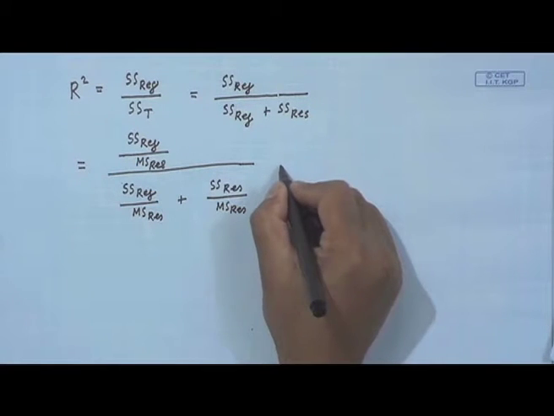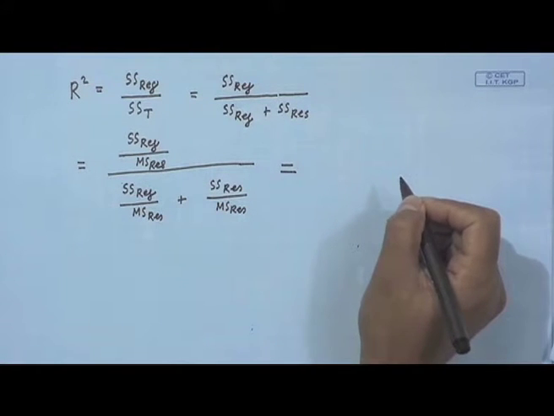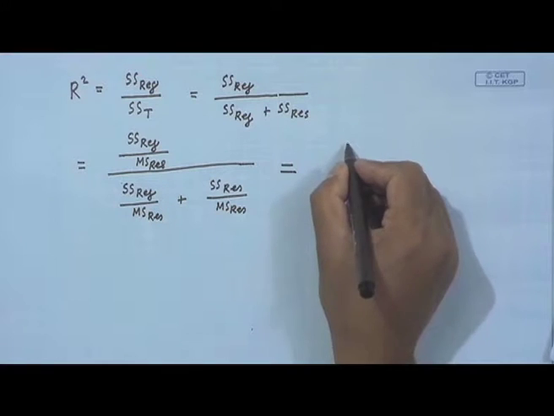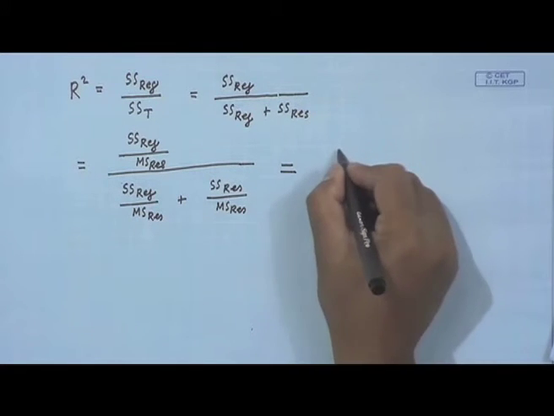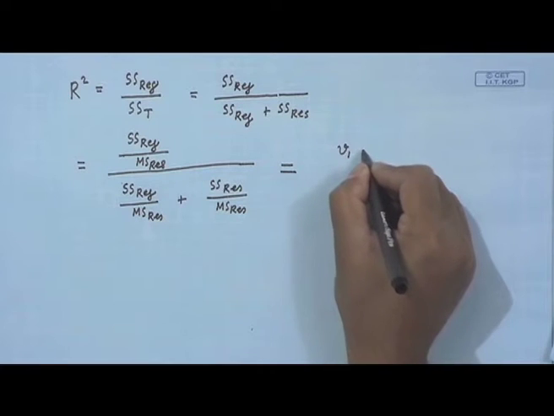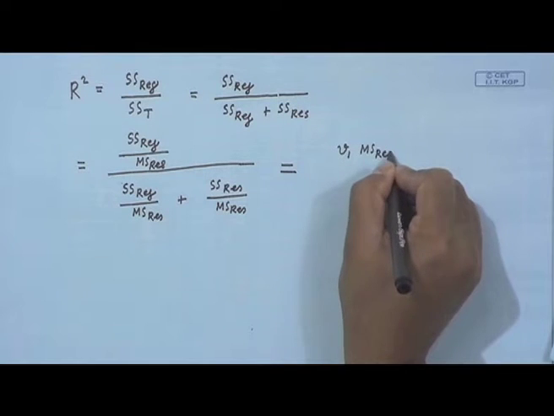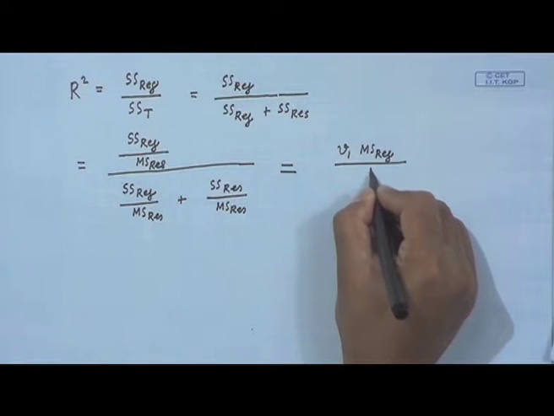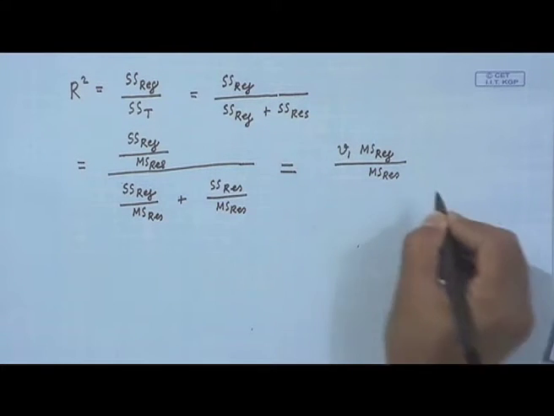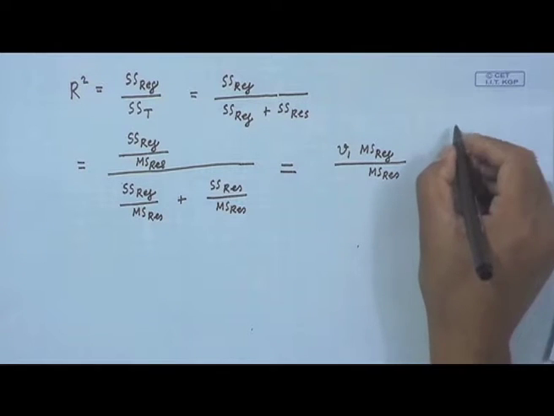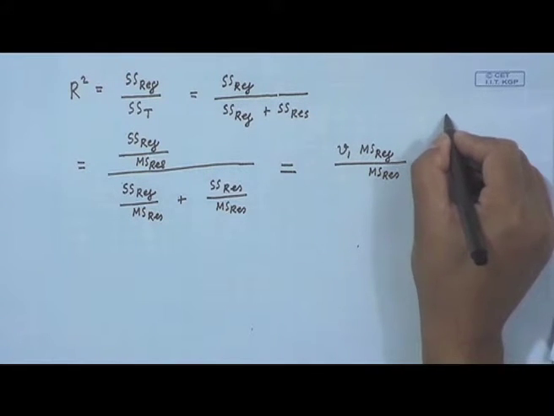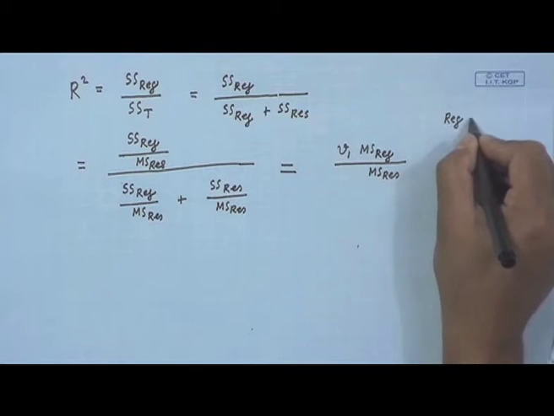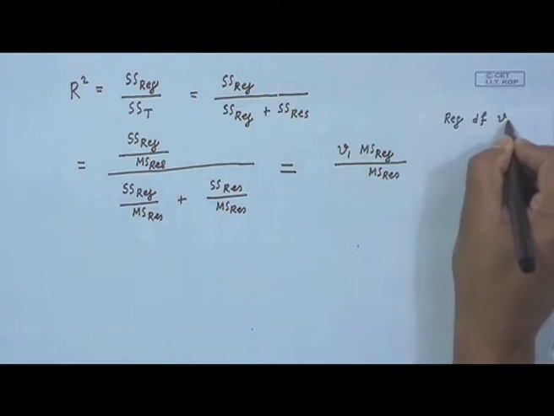Okay. So, SS regression can be written as V1 MS regression by MS residual, right, where V1 is the regression degree of freedom.